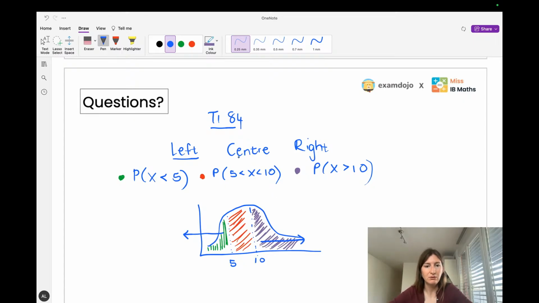So you need to make sure that you know, do I want everything to the left of that value? Again, the drawing helps. To the left, great, so I put left. If I want this range of values, I want center. And if I want this way, I want right. So that was that. Does that make sense?